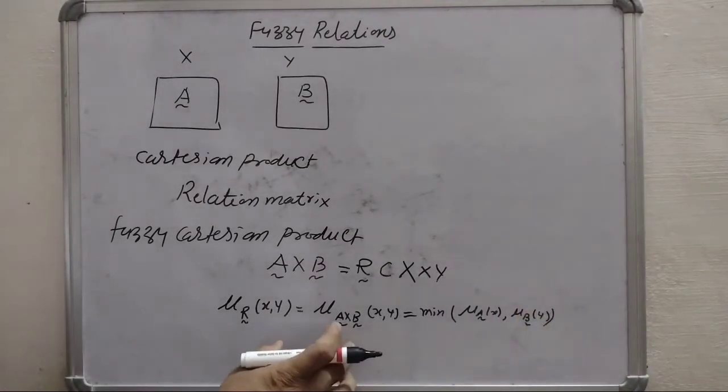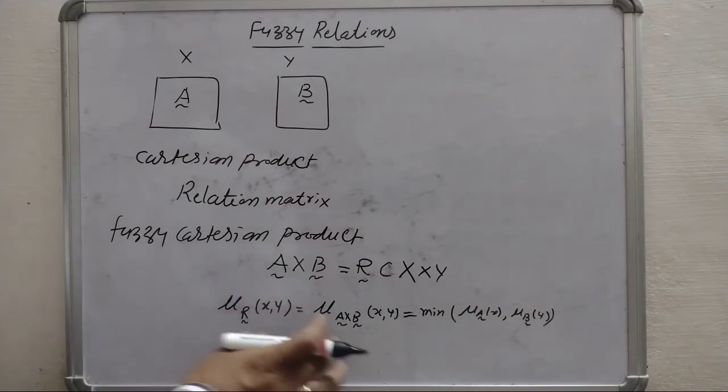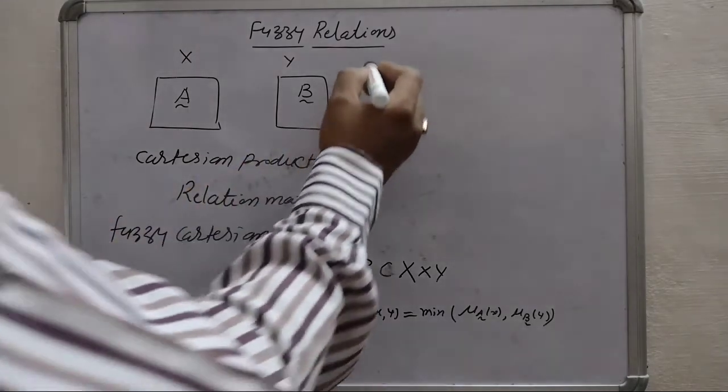This is the formula for getting the fuzzy Cartesian product of the two sets. Let's understand with one example.